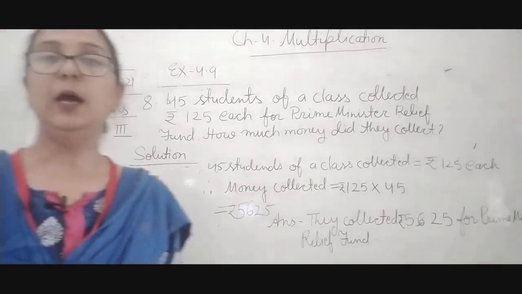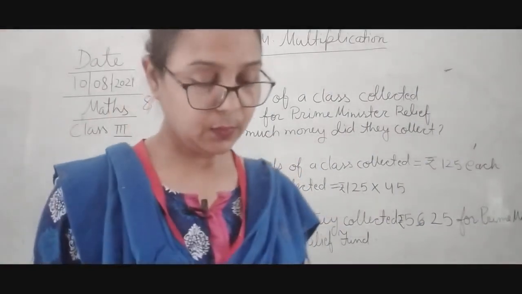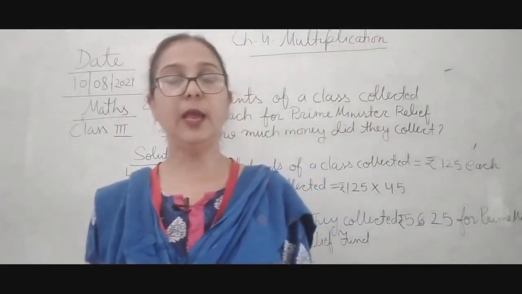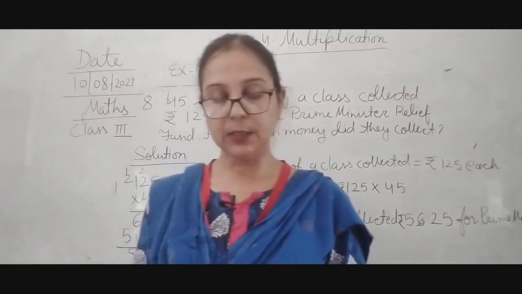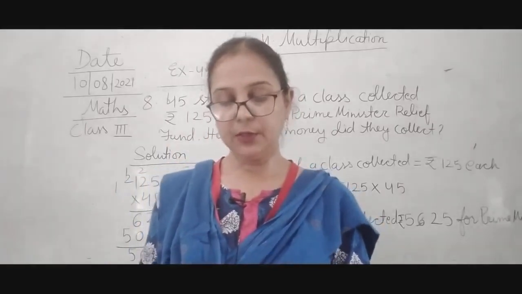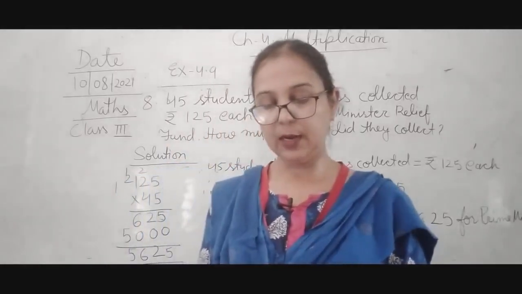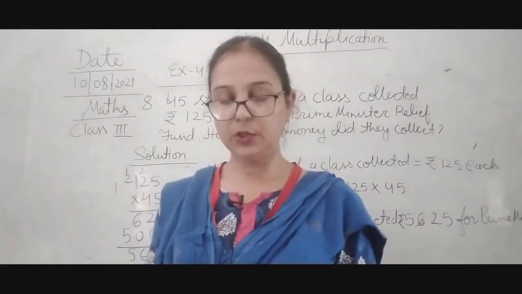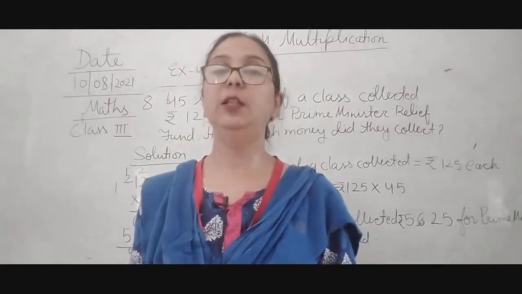Okay. Now after that we will do 9 and 10. I hope you are able to solve them. The price of a table is rupees 725. On Monday Amit sold 9 tables. How much amount did he receive on that day?